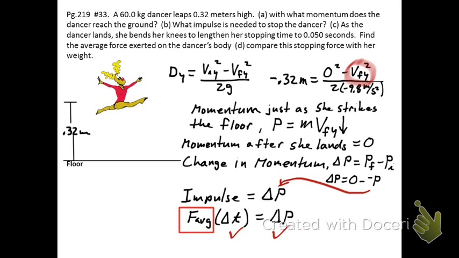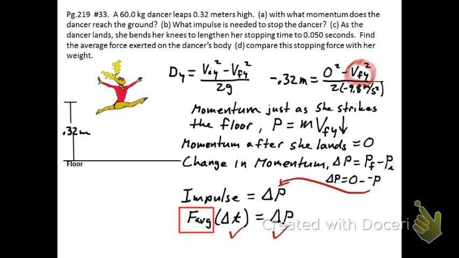We know this change in momentum quantity that satisfies the right-hand side of the equation. Delta t is given in the problem, so I can back calculate this average force required for her to lose all of this momentum.